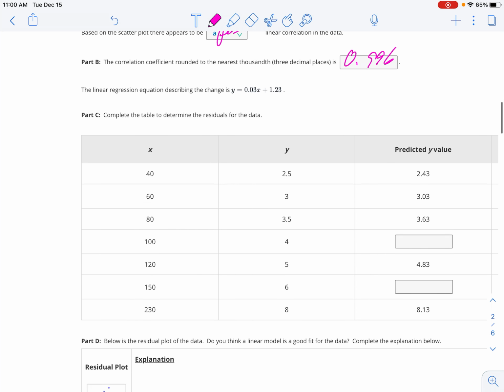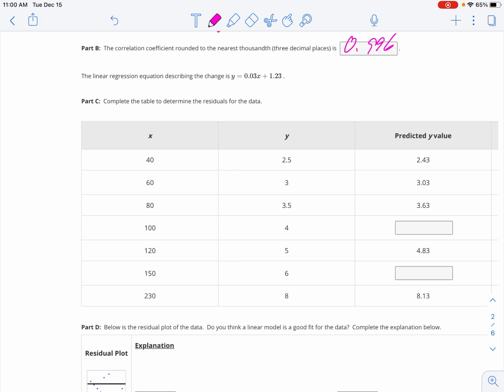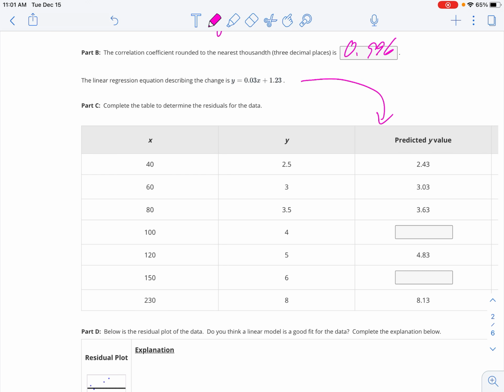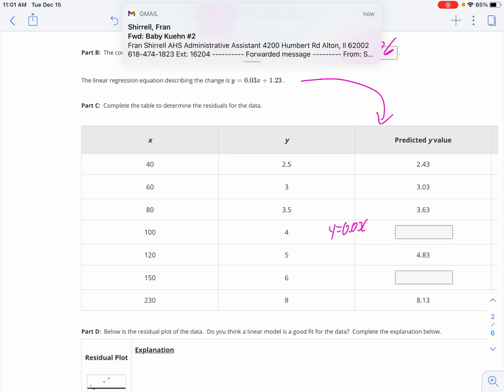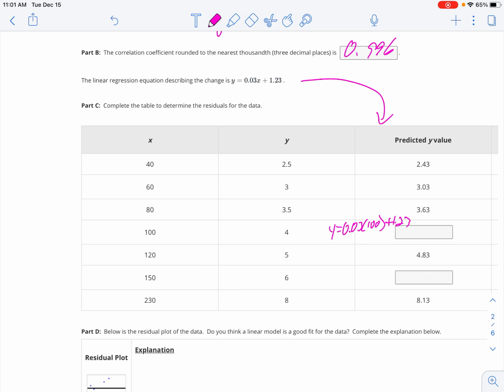I gave you the equation for the predictions. To do these other 2 predictions, we plug the appropriate x, which in this case is 100, into the regression equation: 0.03 times 100 plus 1.23. That gives me 4.23.